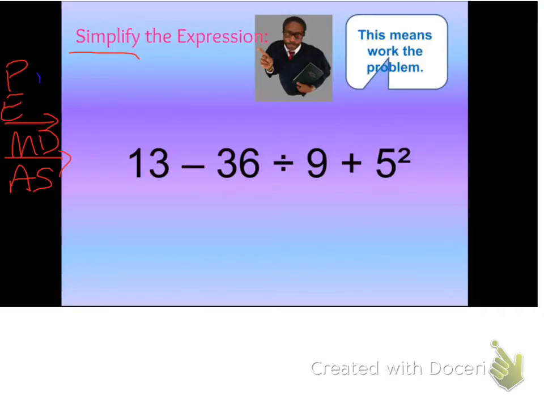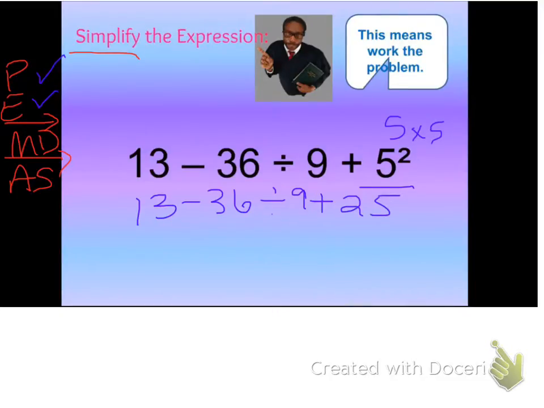So parentheses would be first. We have none, so those are done. Next, we have exponents. We have an exponent right here. So I'm going to bring down everything else in this expression: 13 minus 36 divided by 9 plus. And then I'm going to solve 5 to the second power, which is really 5 times 5, which is 25.